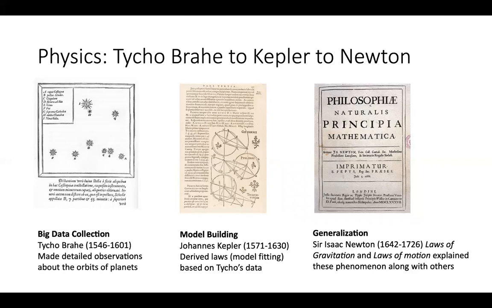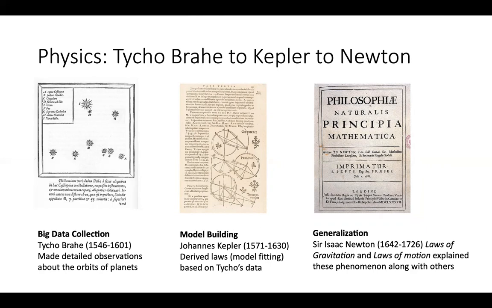If you take a larger view of history, we observe the following. After Copernicus came up with this model, Tycho Brahe made detailed observations about the orbits of the planets, which were then used by Johannes Kepler to derive the three laws of planetary motion.